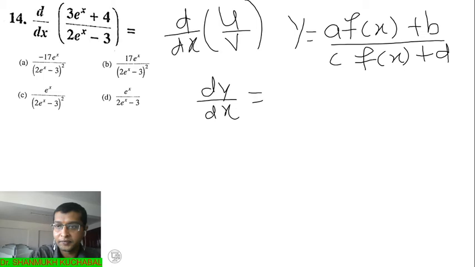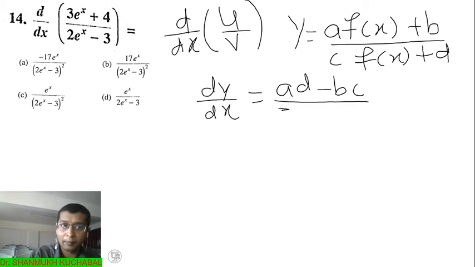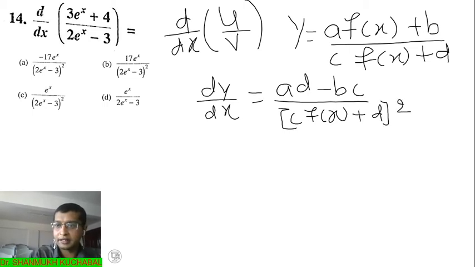So it is (AD minus BC) whole divided by the denominator square, (c f of x plus d) whole square, multiplied by the differentiation of f of x.